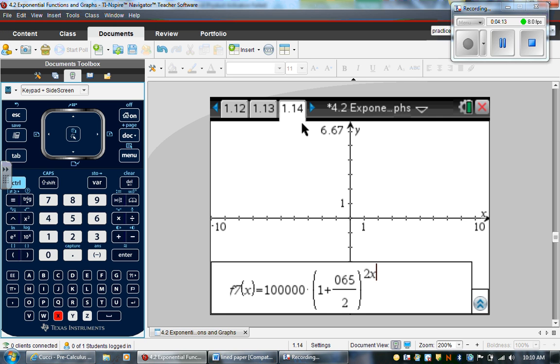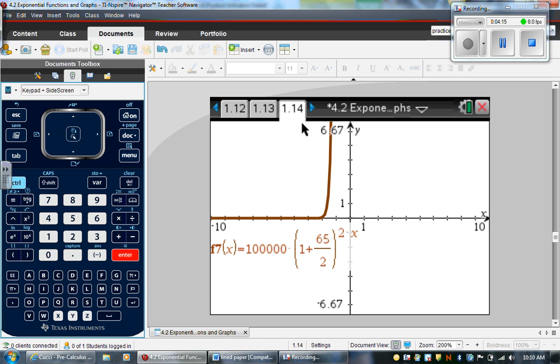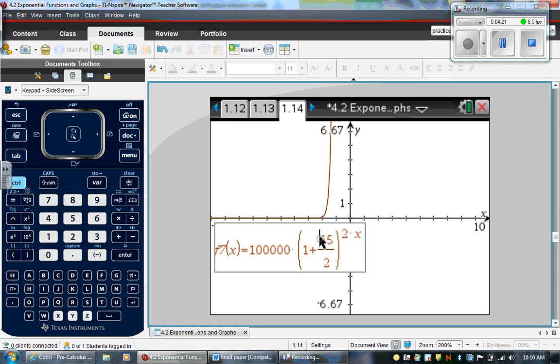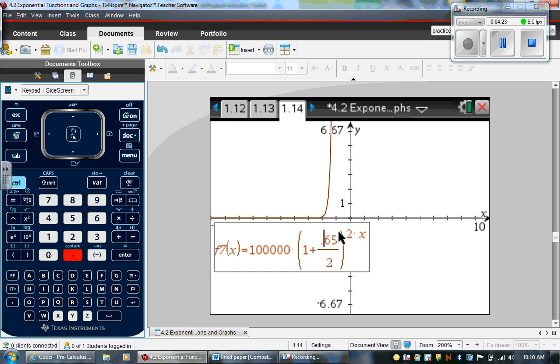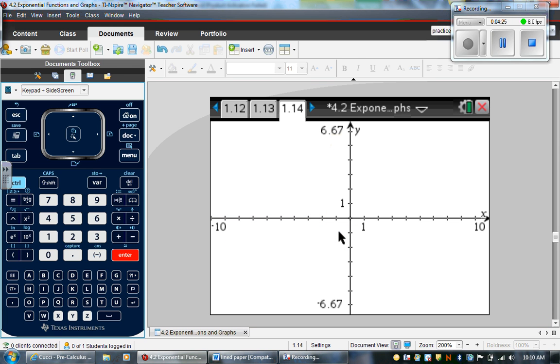Now, if we think about it, it's not going to... I see my mistake already. This needs to be changed. There we go. That's better. And it's not going to show up when we graph it because we have to deal with our window. Since our x-axis, this is going to be our time in years.